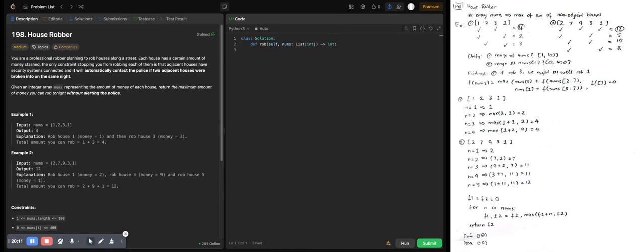For n equals 4, we don't take it, so we take the previous one, which is 11. For n equals 5, we take 1 plus 11, which is 12. Alright, so I think it looks good to me. Now let me input our solution into LeetCode. I think it should work.